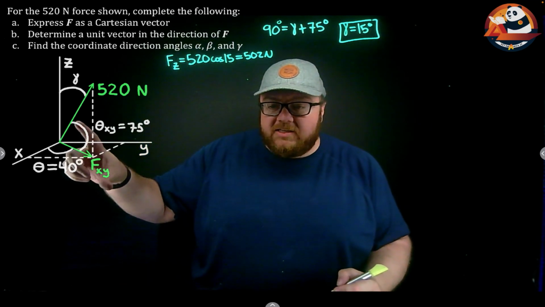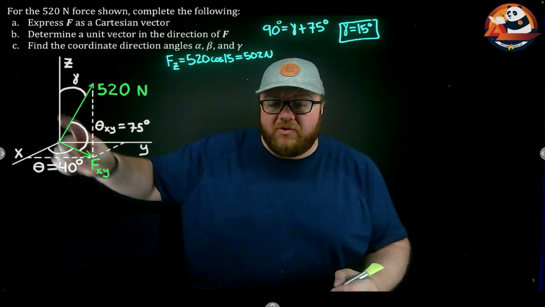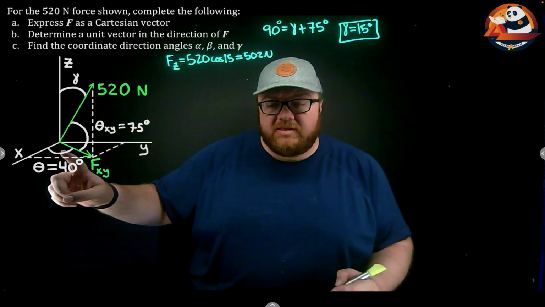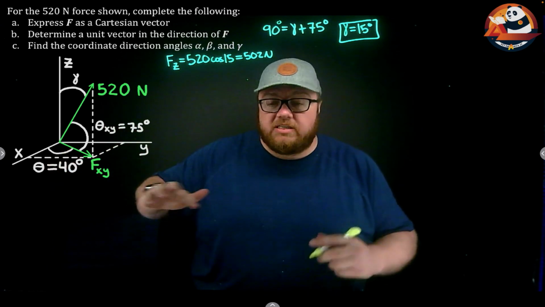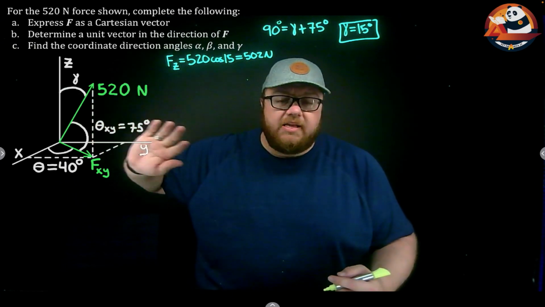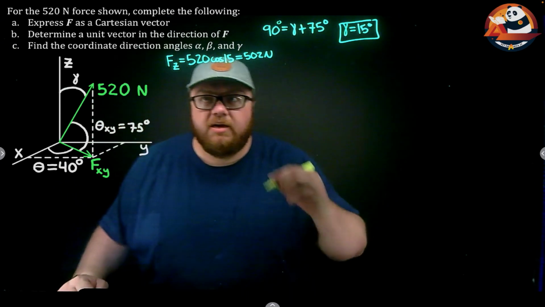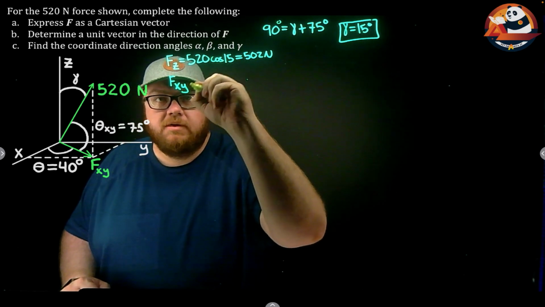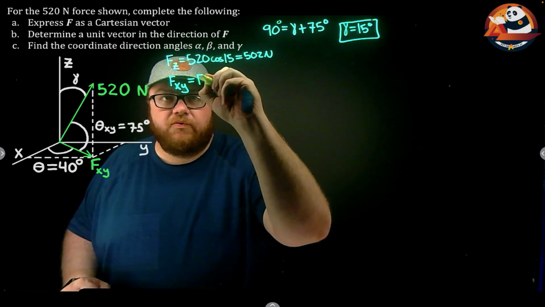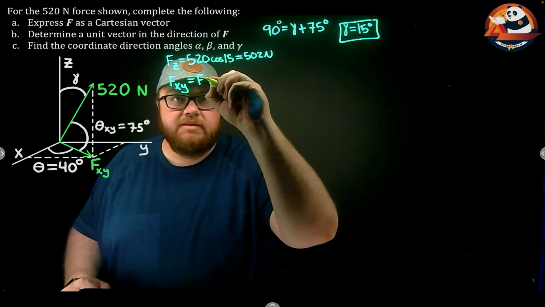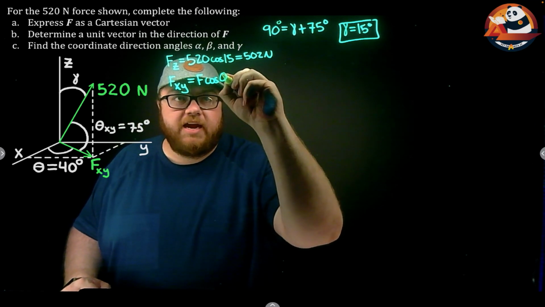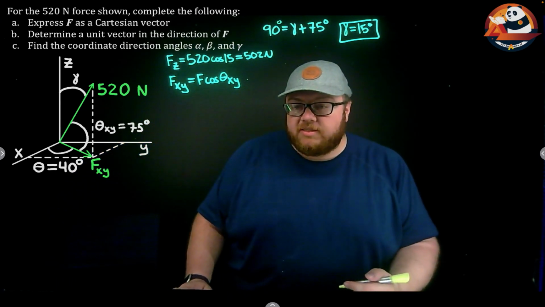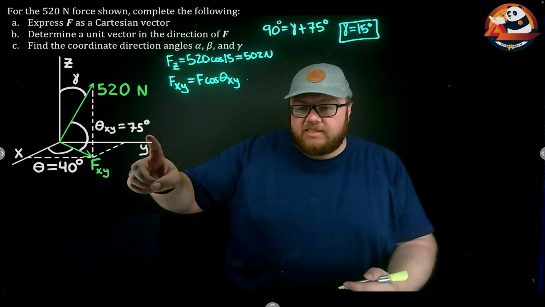From there, I can start working with, rather than a 3-dimensional force, let's get this Fxy, a component of this 3D force that only goes in the x and y directions. We're kind of eliminating the z component out from that. So I can get Fxy by saying this is my total force times the cosine of theta xy. Again, this will always work for us. So theta xy is 75.